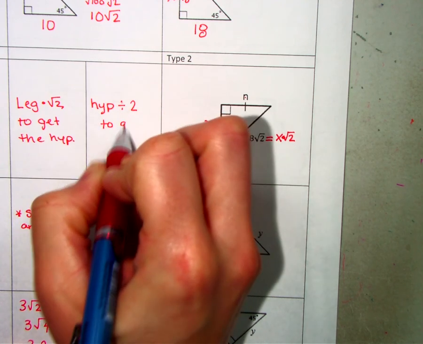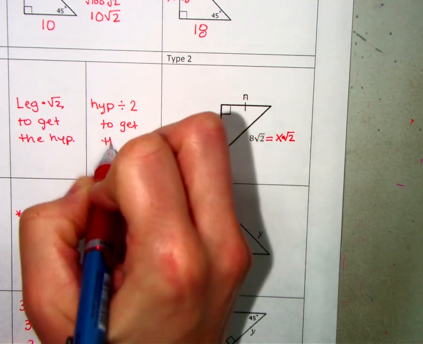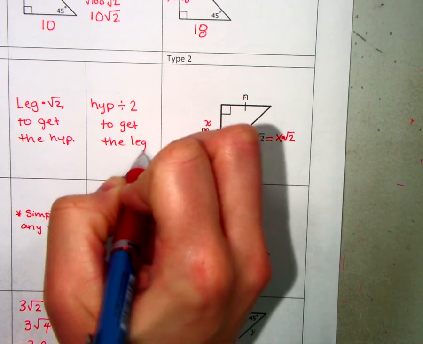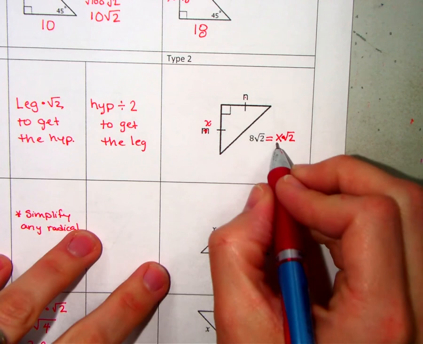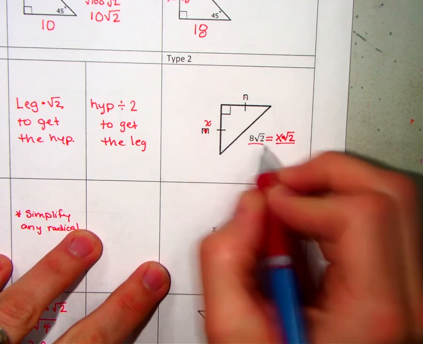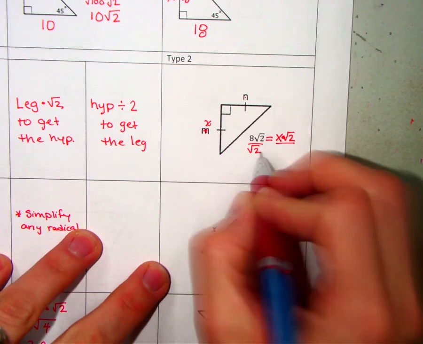Okay, so to go backwards, instead of multiplying, we're just going to be dividing, which is why we spent a whole day on division rules of radicals. So in order to solve this little baby equation right here, we would divide by radical 2. And this is the easy one, so don't overthink this.